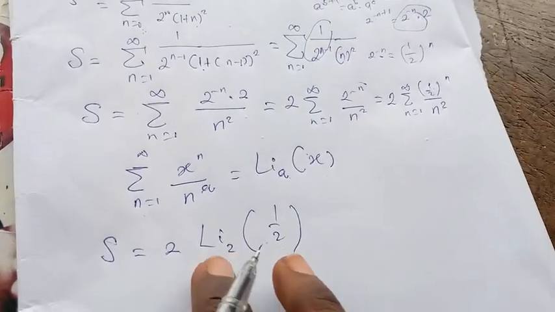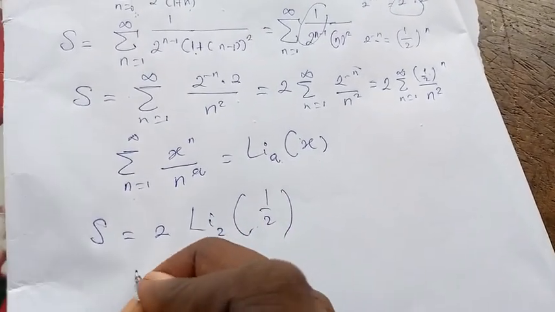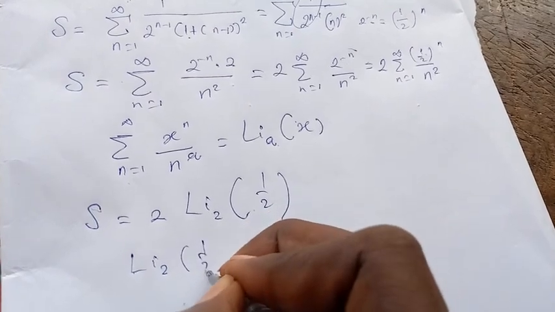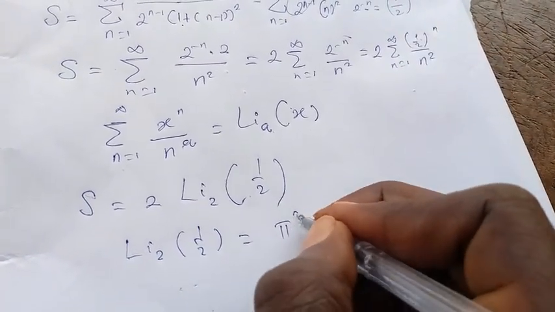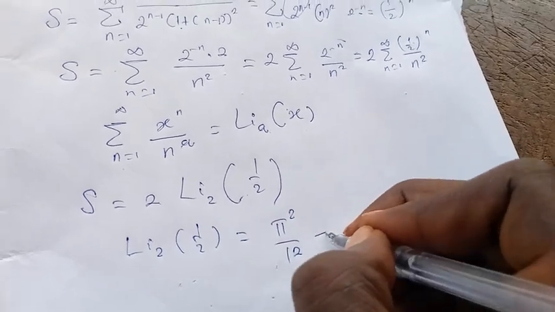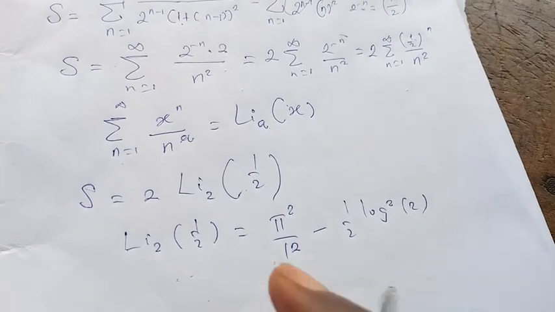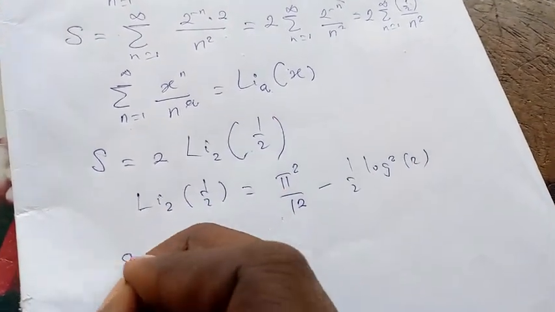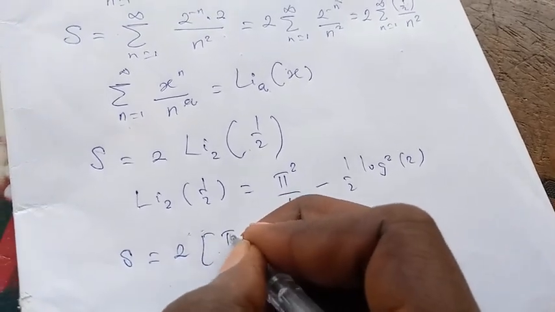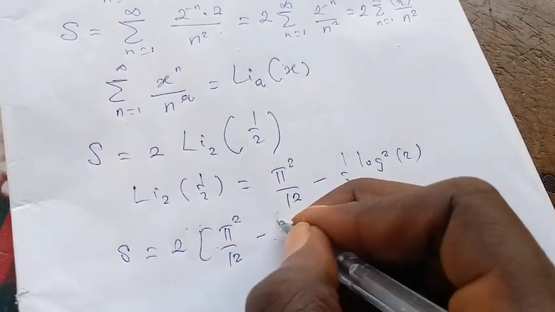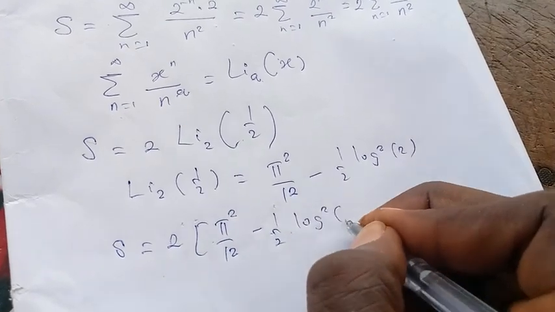Now, what is Li 2 of 1 over 2? Li 2 of 1 over 2 is a constant, which is equal to pi squared over 12 minus 1 over 2 log squared 2. So we are going to have S is equal to 2 multiplied by pi squared over 12 minus 1 over 2 log squared 2.